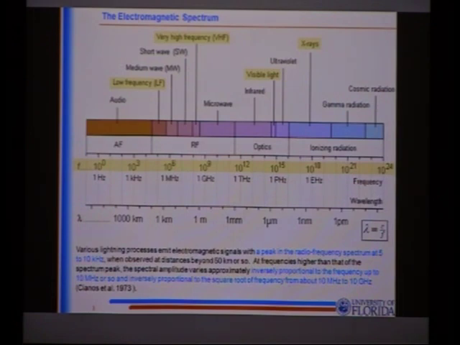These slides show the electromagnetic spectrum. There are two scales here. One is frequency F in hertz, and the other one is the wavelength lambda. And of course, the wavelength can be found by simply dividing the speed of light by frequency in hertz. For audio and radio frequencies, it is customary to characterize electromagnetic waves in terms of their frequency.